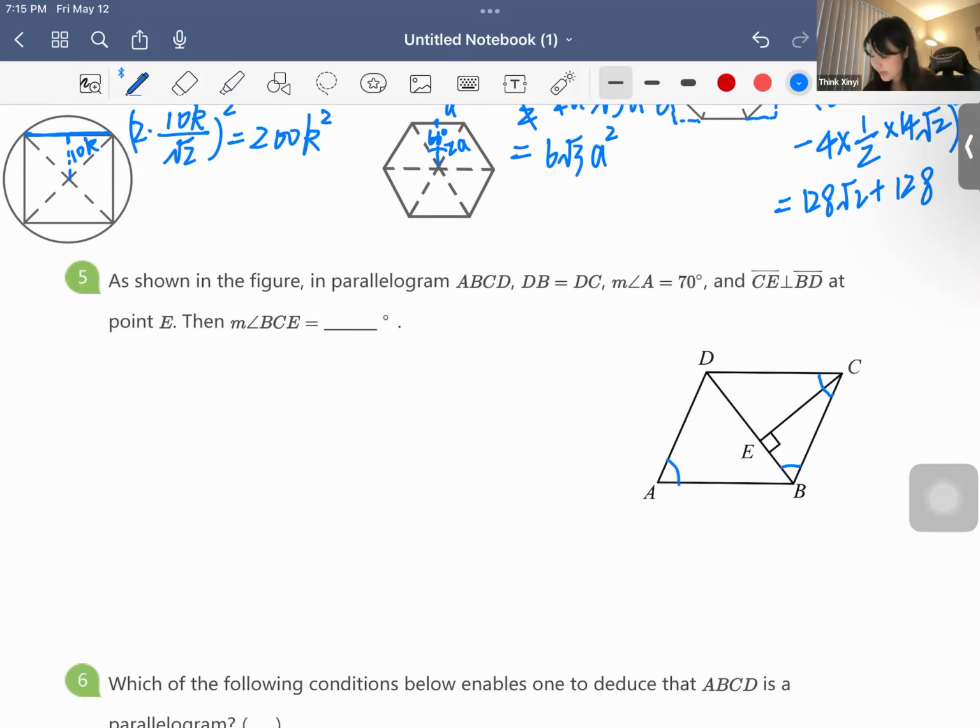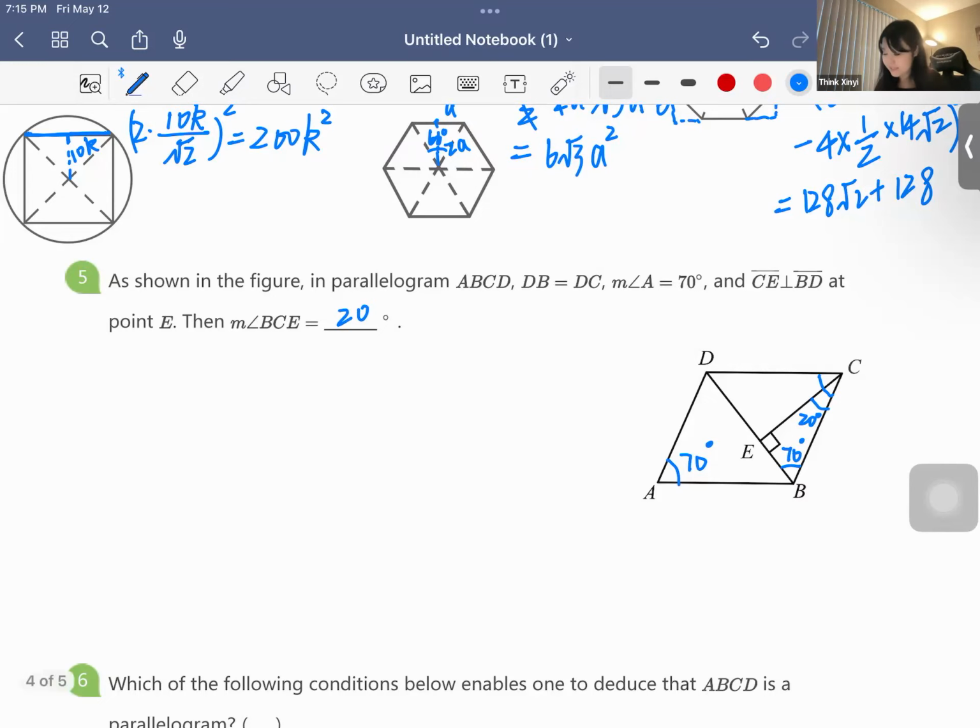As angle A equals 70 degrees, angle DBC is also 70 degrees, and angle BCE is 90 degrees minus 70 degrees, which is 20 degrees. So this one is also easy.